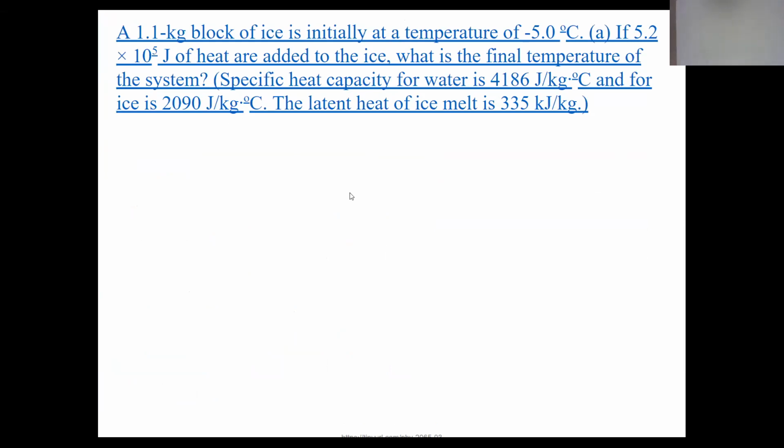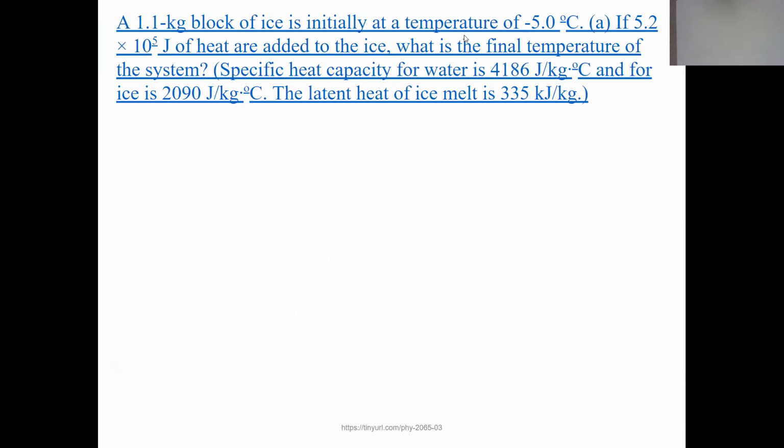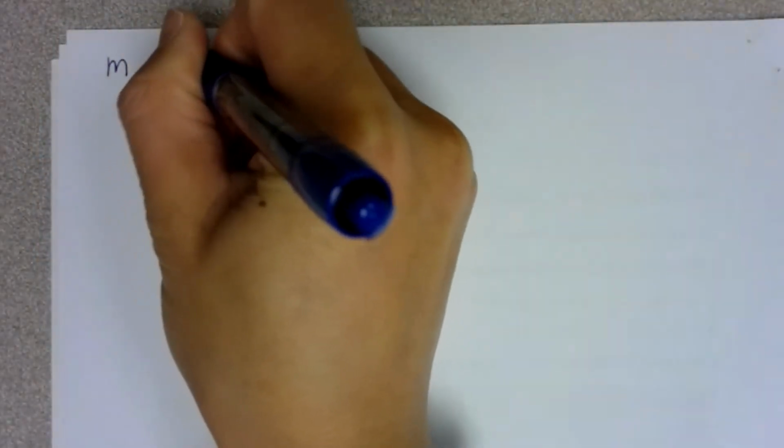So this problem says you have a 1.1 kilogram block of ice. I'm going to stop sharing so you can see this more clearly. The mass of the H2O is 1.1 kilograms, and this is initially ice.